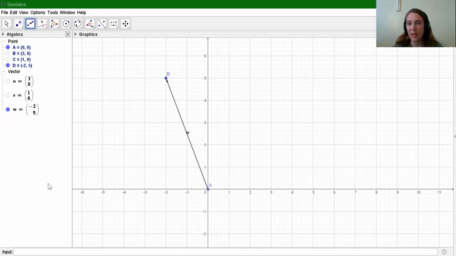So just think about that for a little bit. If you want, you can pause the video and just think about how did we find the unit vector for the other one? How are you going to find the unit vector for this one?